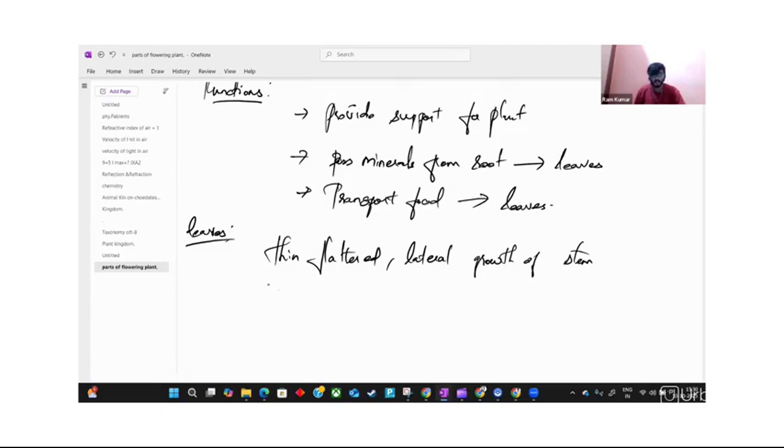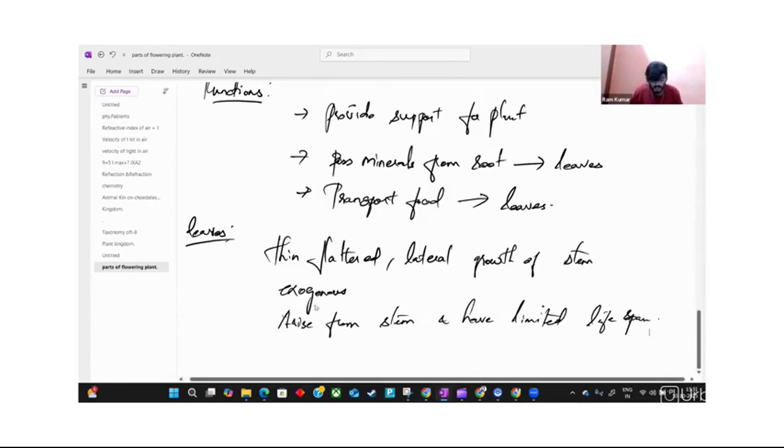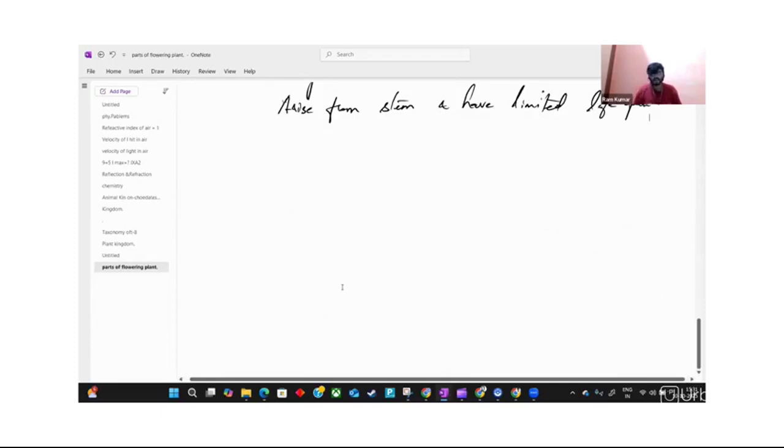They are exogenous in origin. They arise from the stem and have a limited lifespan only. All the parts of the leaf are generally called the phyllome.